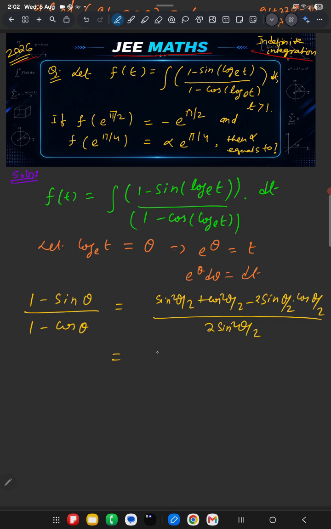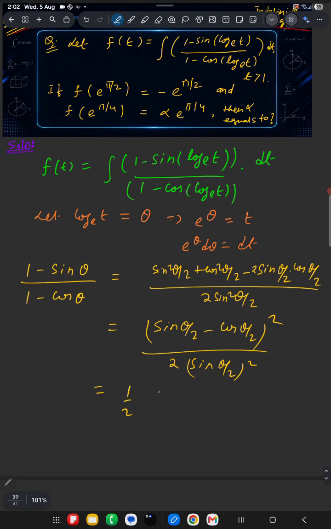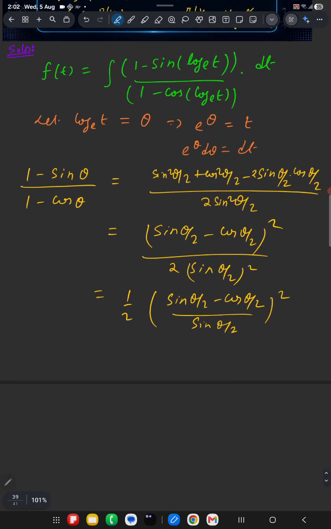By this, the benefit is that the numerator can be written as (sine theta by 2 minus cos theta by 2) whole square, and the denominator 2 into (sine theta by 2) whole square. So afterwards the whole thing will be combined, sine theta by 2 and cos theta by 2. Means this question is the combination of integration and trigonometry together.